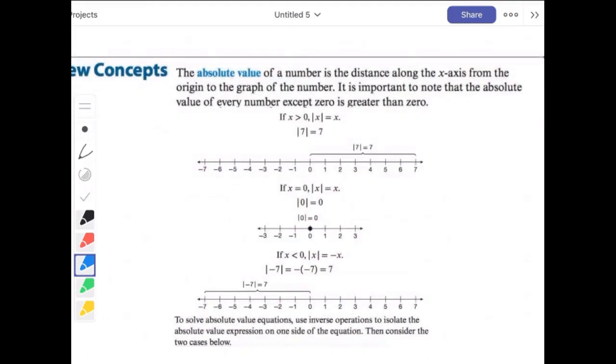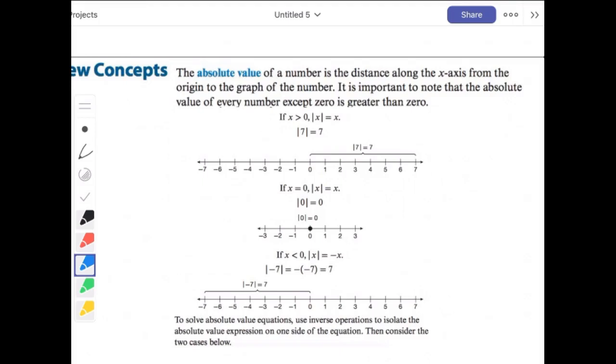Okay, so the absolute value of a number is the distance along the x-axis from the origin to the graph of the number. It is important to note that the absolute value of every number except 0 is greater than 0. Essentially, in absolute values, we're not getting any negative numbers. So when we take absolute values, we only get the positive of that value. If you look here, we're taking a look at the absolute value of 7.